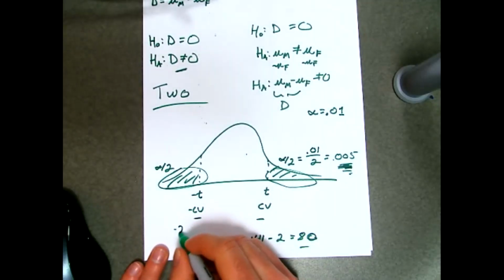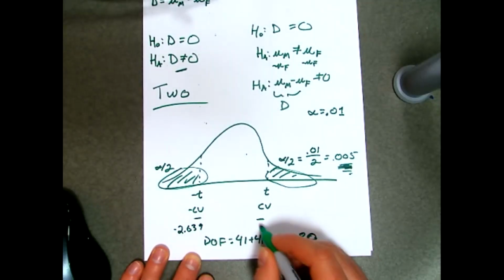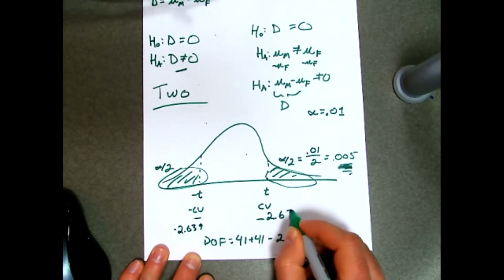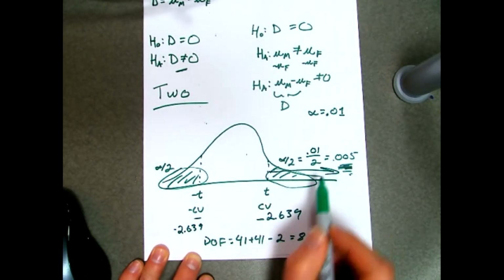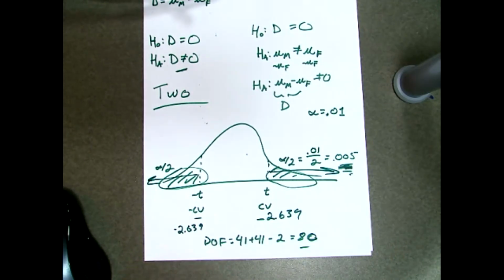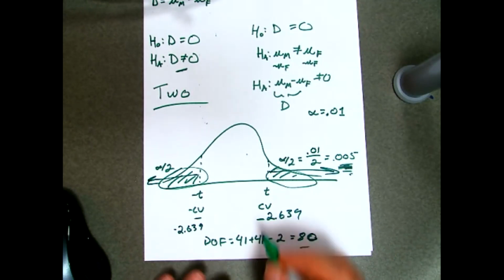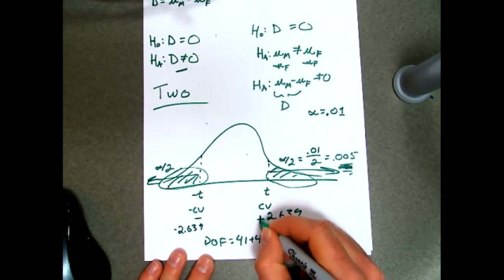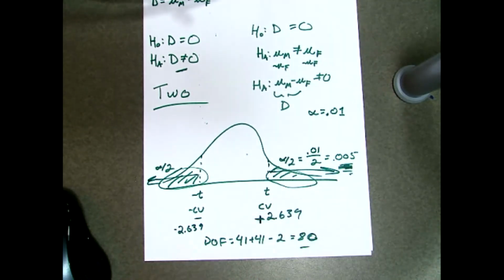So I've got negative and positive 2.639. And my rejection region is kind of being the area, like, drawing arrows into the tail there. I don't know why I think I underlined something here. This is positive, right? Sorry. Any questions there?